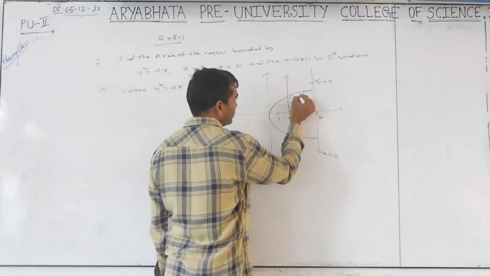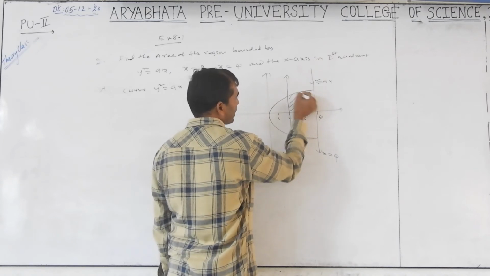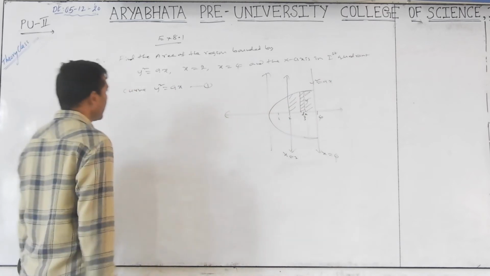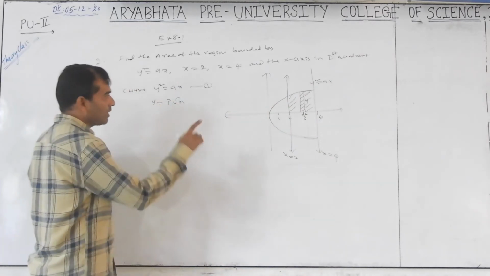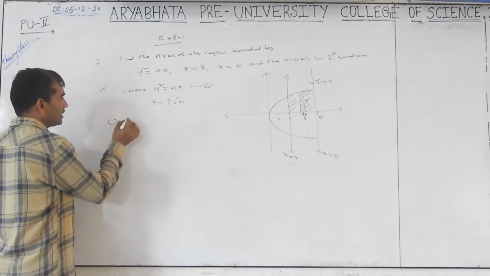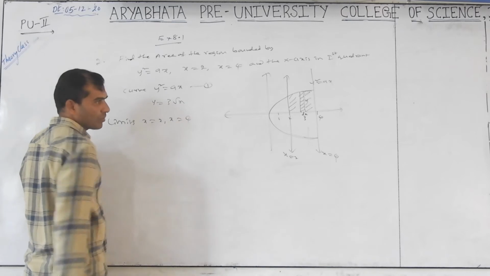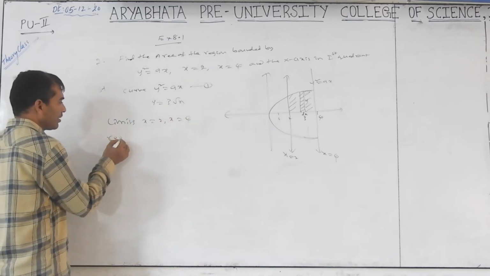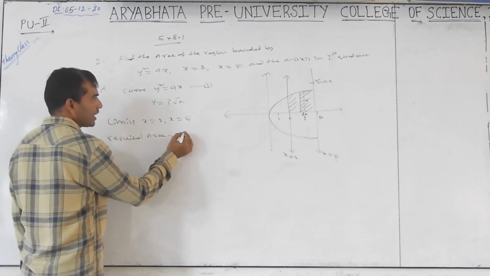Just like before, this is y, this is dx, so this point here. Y is equal to 3 root x. Tell me the limits: x is equal to 2, x is equal to 4. Therefore, the required area equals the integration.